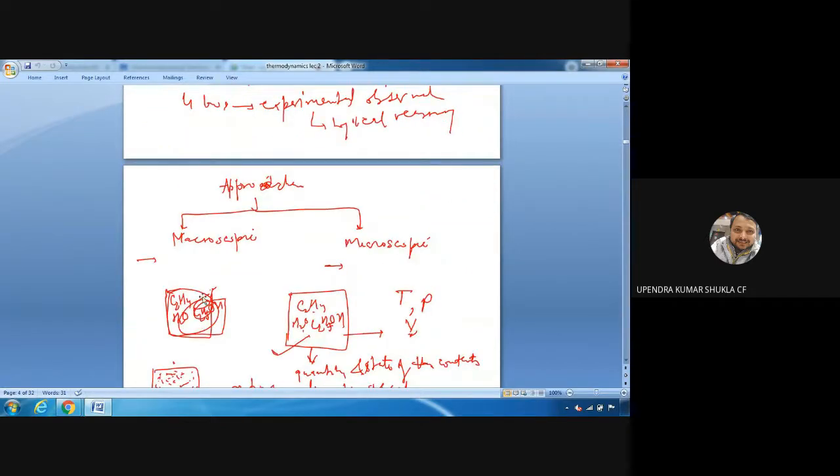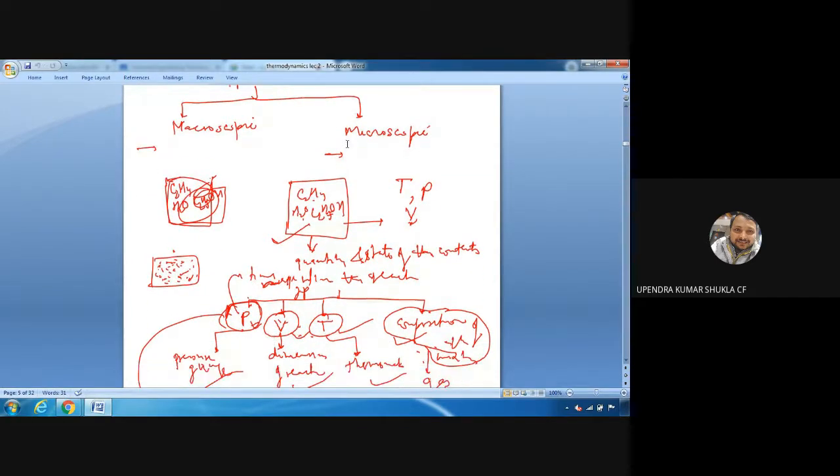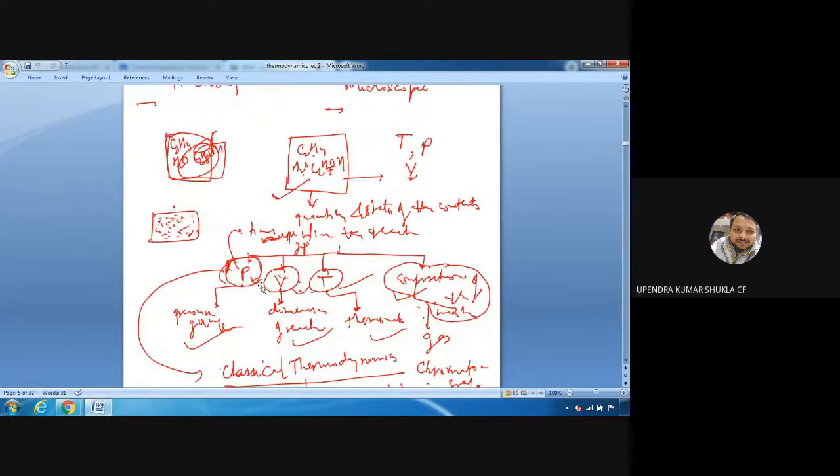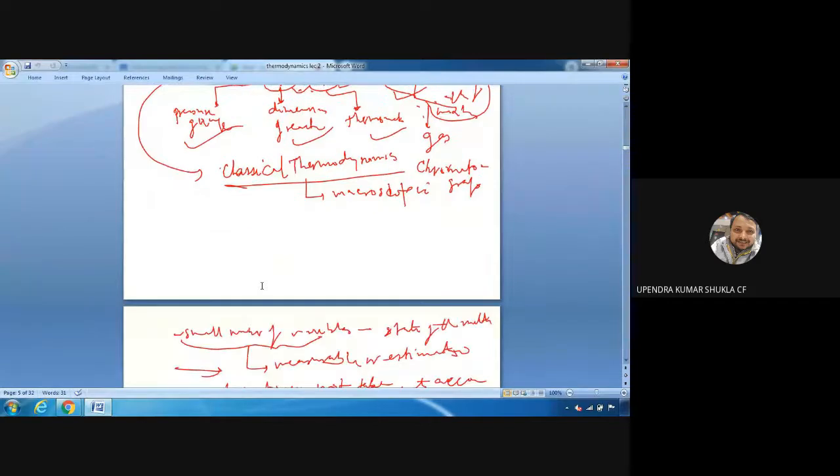Now, to study thermodynamics, we talked about two approaches: macroscopic and microscopic approaches. Macroscopic approaches need macroscopic variables, and microscopic approaches will need microscopic variables, though those are more in number. So it's difficult to study thermodynamics microscopically, but macroscopically we can study it better.